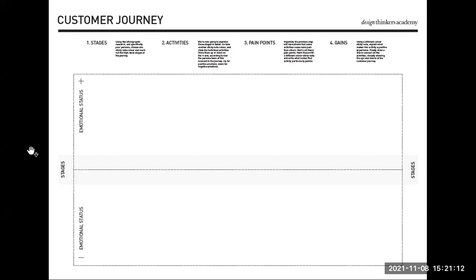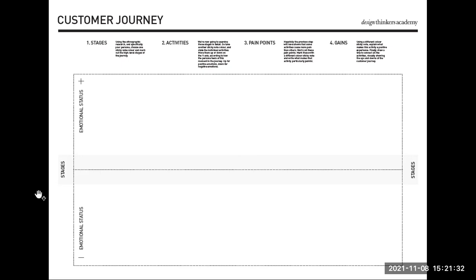So there are several stages, as you can see, written 1, 2, 3, 4 up here: stages, activities, pain points, and gains.